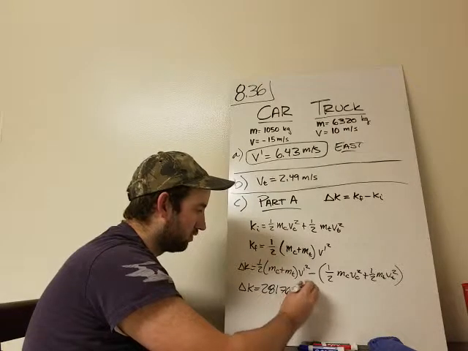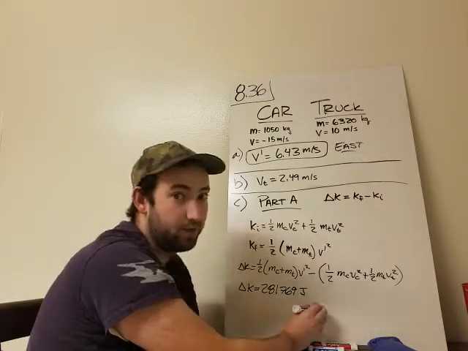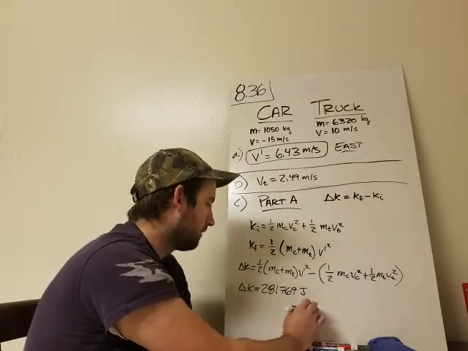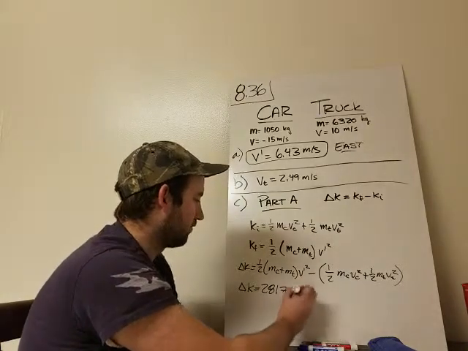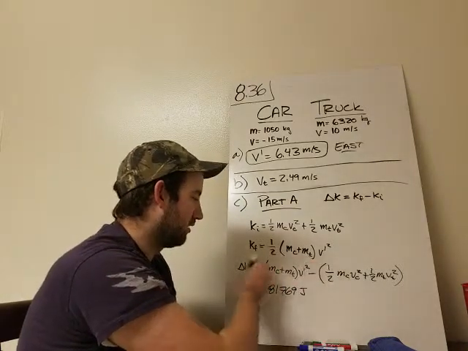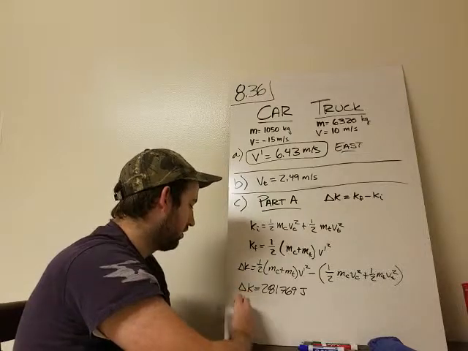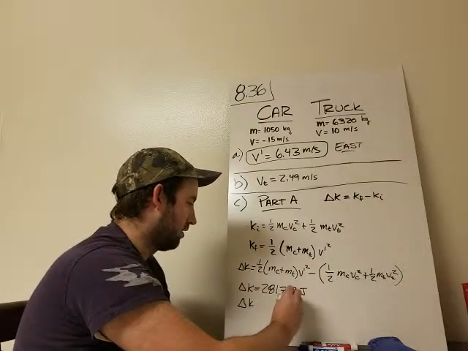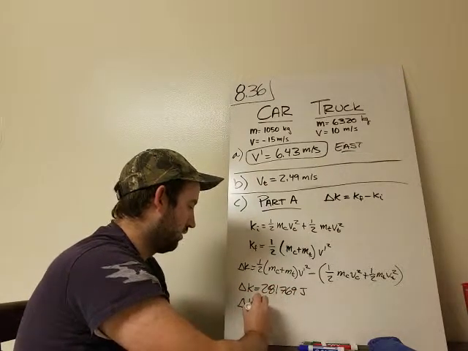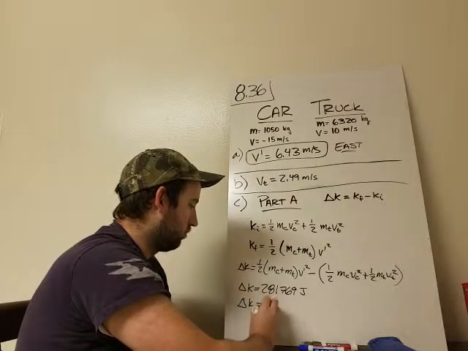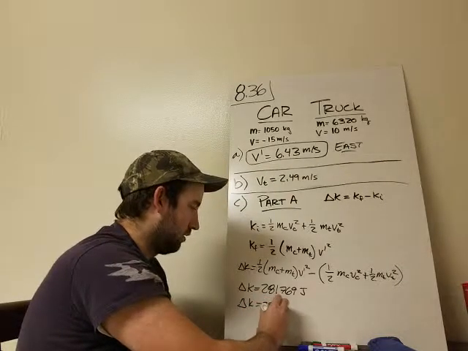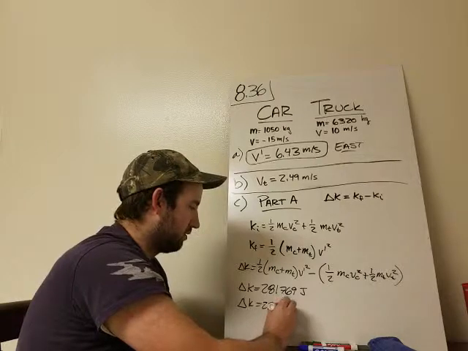So we end up with 281769 joules of energy, which is a lot of energy. But of course we can turn that into kilojoules. That'll make it a little easier to use. So that would be 281, we'll just say 8 kilojoules.